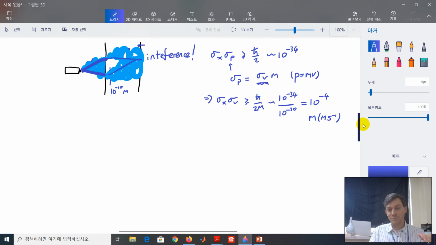Okay, so just before I finish this video, one final note. Here, because in terms of the uncertainty relationship for position and velocity, you have a 1 over m. This tells you that if you have a massive particle, you can control its position and velocity to a much lesser uncertainty.